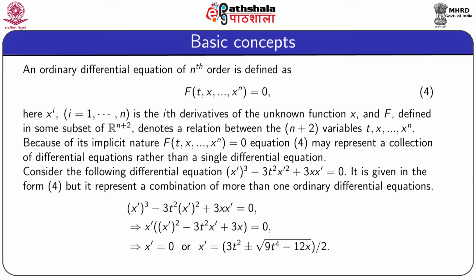An ordinary differential equation of nth order is defined as f(t, x, x', x'', ..., x^(n)) = 0, given by equation number 4. Here x^(i), i = 1 to n, is the ith derivative of the unknown function x, and f, defined on some subset of R^(n+2), denotes a relation between n+2 variables t, x^(0), x^(1), ..., x^(n).